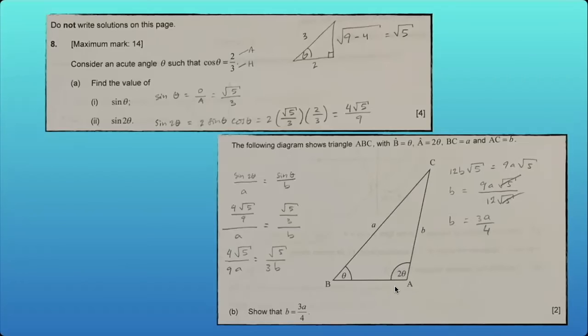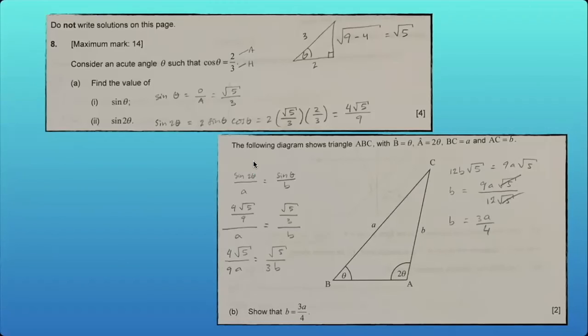So sine 2 theta divided by the length of the opposite side, which is A, that one there, is equal to sine theta divided by the length of the opposite side, which is B, give us this expression here.